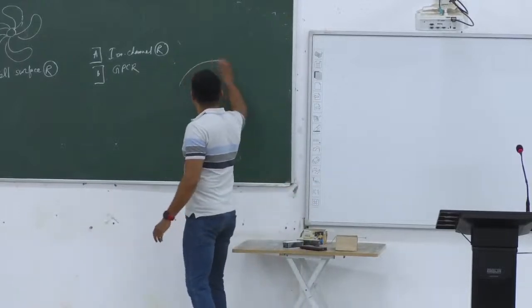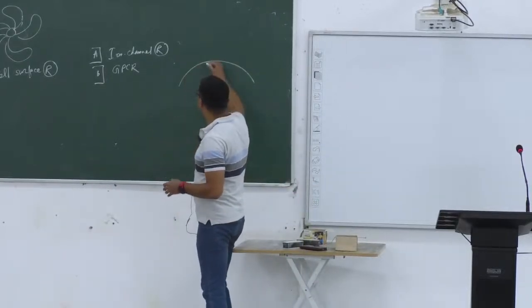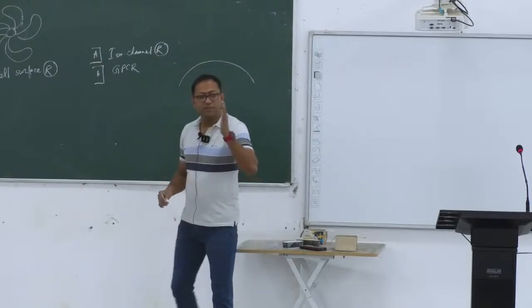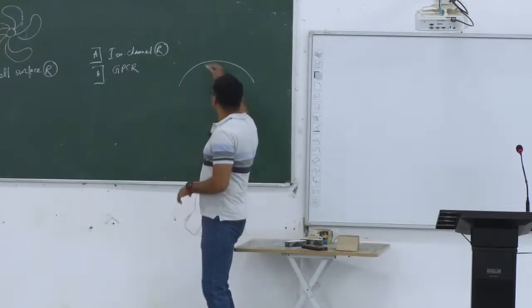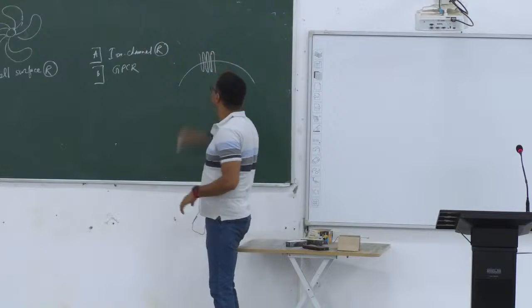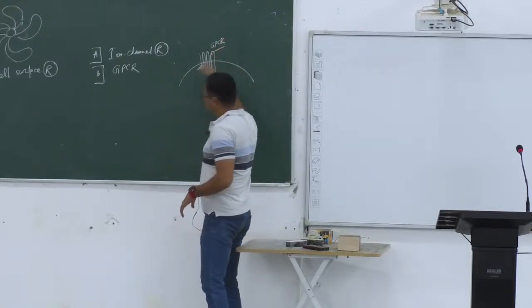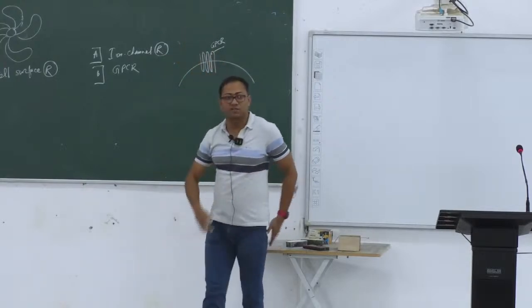So this is the cell membrane, and GPCR, or G protein coupled receptor, is a serpentine receptor. It has 7 transmembrane domains, so it will cross the cell membrane 7 times: 1, 2, 3, 4, 5, 6 and 7. It is a polypeptide chain, and the chain passes the cell membrane 7 times.